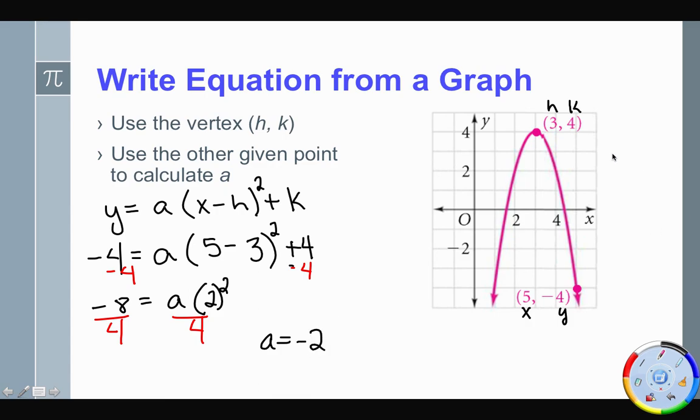You should expect a negative value because this is a downwards parabola. And we can now write in vertex form: a, which is negative 2, times x minus h, which is 3, squared, plus k, which is 4. And there we have our equation.